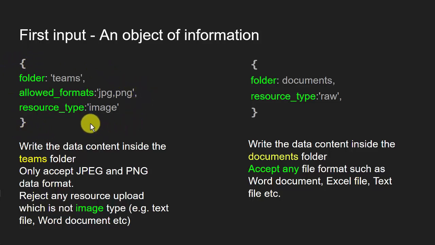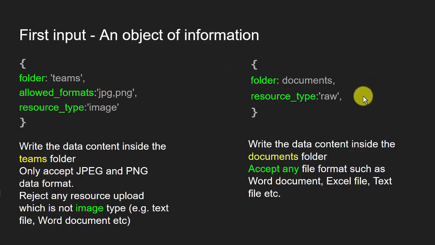If you use this object of information as the first input for the upload_stream method, you are creating a stream object which can tell Cloudinary to write the data content inside the themes folder, to only accept JPEG and PNG file data formats, and to reject any resource upload which is not image type, for example, text files, Word documents, etc.